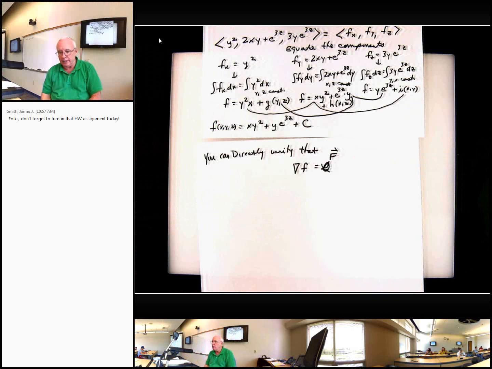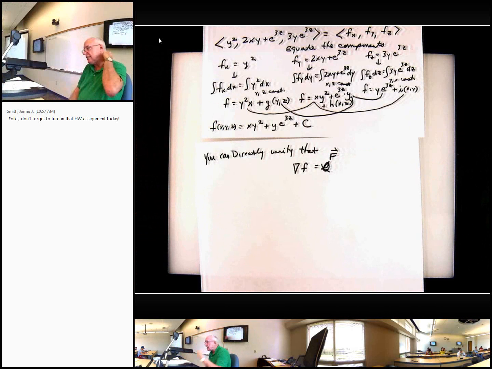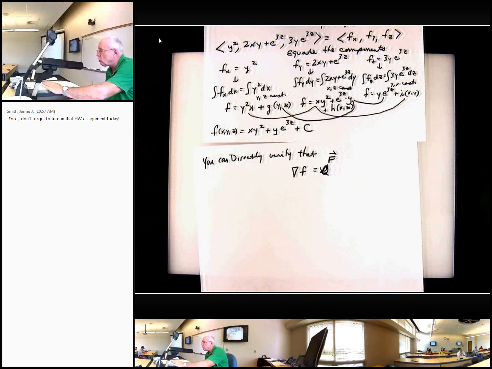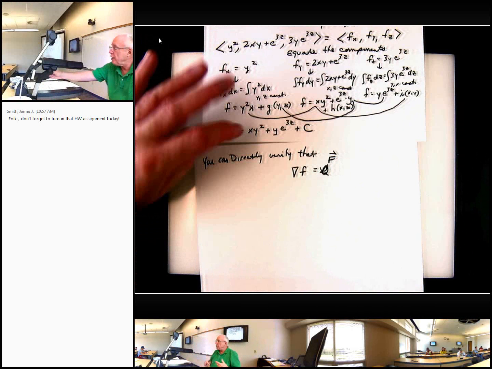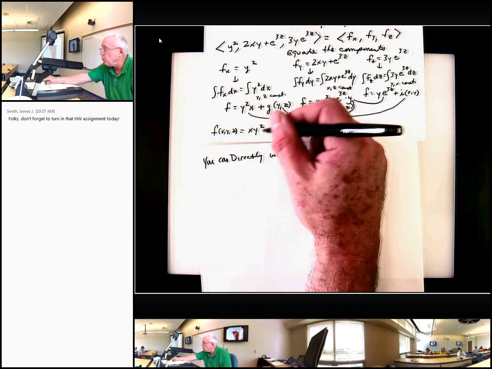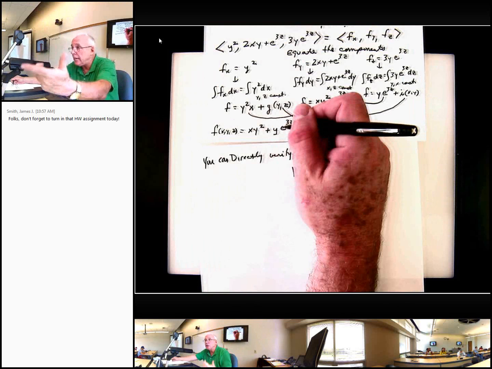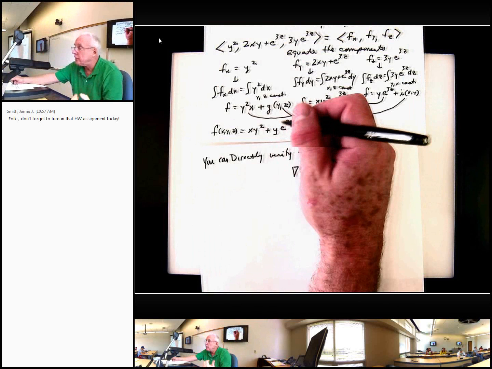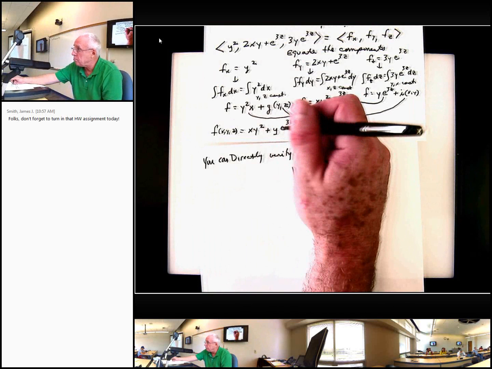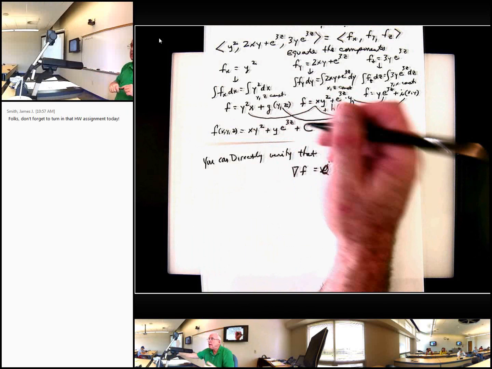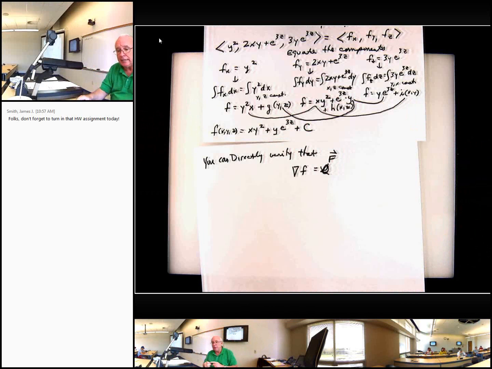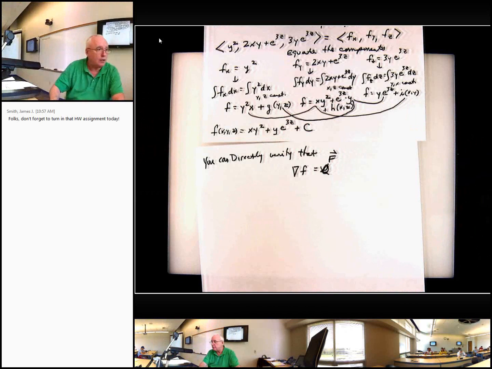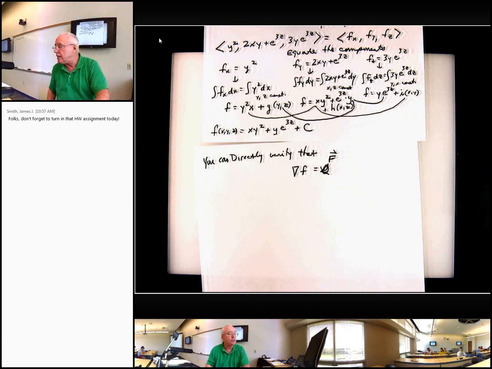You can verify that, okay? All right, and so if we were going to evaluate this integral along a curve, we would evaluate our little f function at the end of the curve minus at the beginning of the curve, okay? And I think that just leaves us with a couple more minutes, so that's the last thing I had on this chapter or section, so we'll end it there.